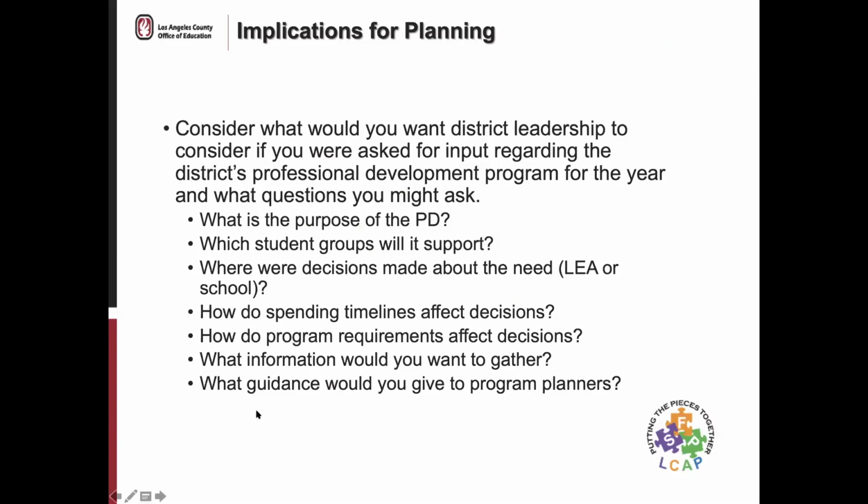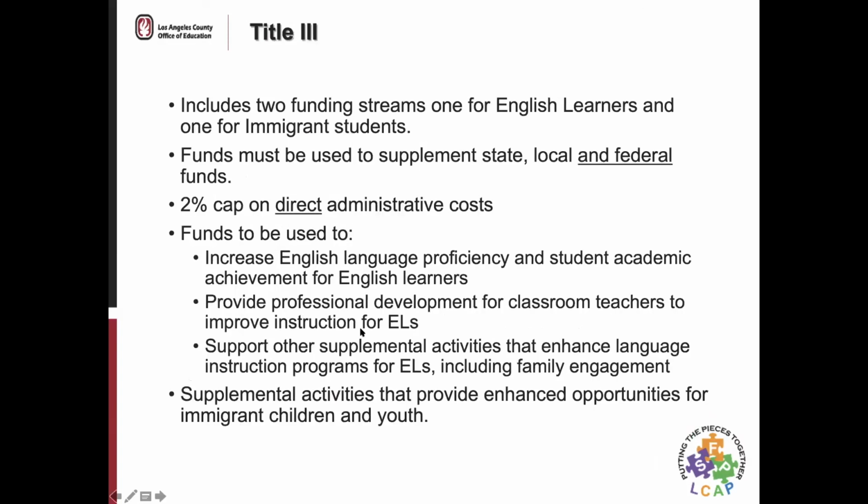Title III, on the next slide. Again, we talk about 2 funding streams for EL and immigrant students. Funds have to be supplemental not only to your state and local, but to federal funds. For EL, there's a 2% cap on direct administrative costs. However, you can take your full indirect costs now. That was a change.